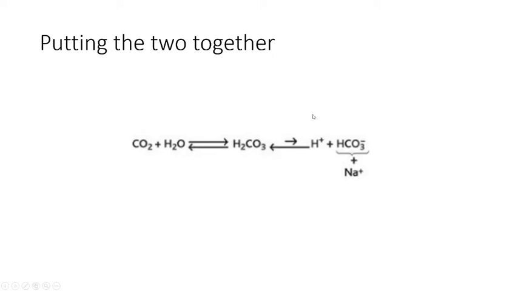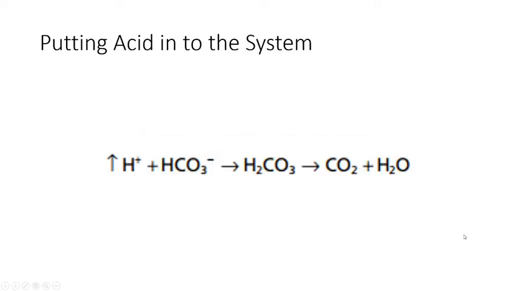So the instant bit of this equation happens here, moving directly to the left, the buffering as it were, and then the slightly longer bit is getting rid of the CO2, so there's hyperventilation, CO2 goes, and that takes a bit more time. That's a compensatory mechanism, and then the kidney is a longer term mechanism.